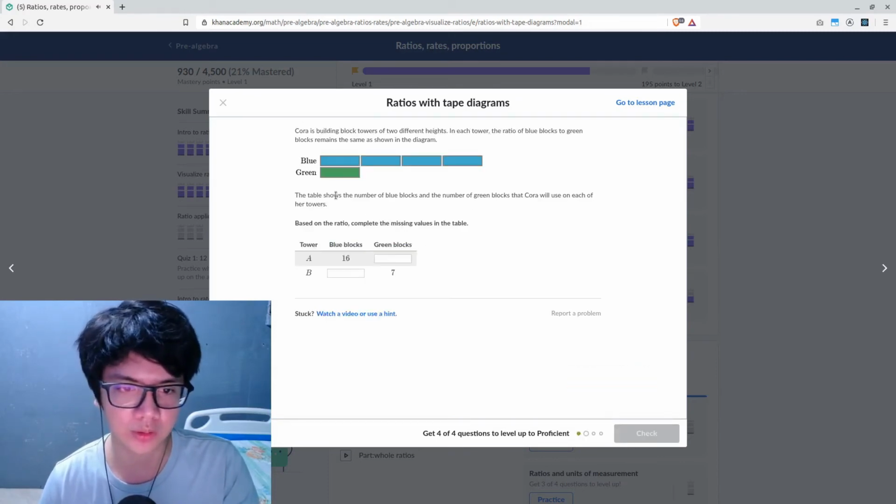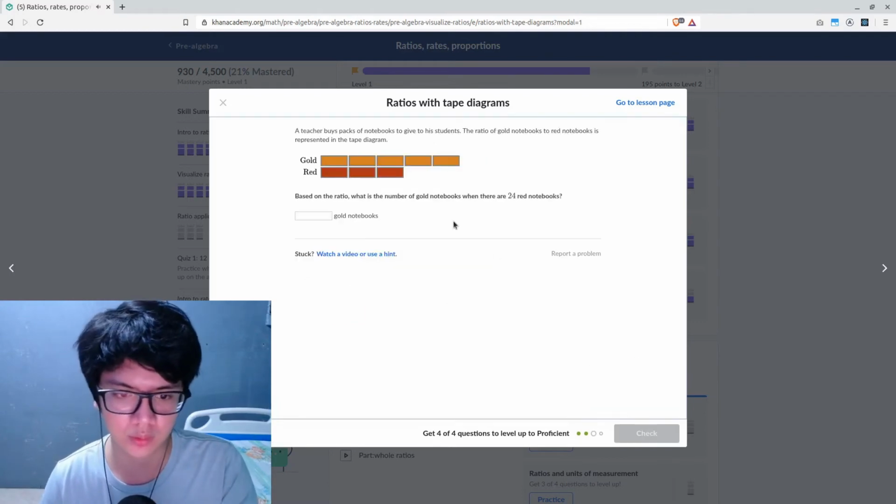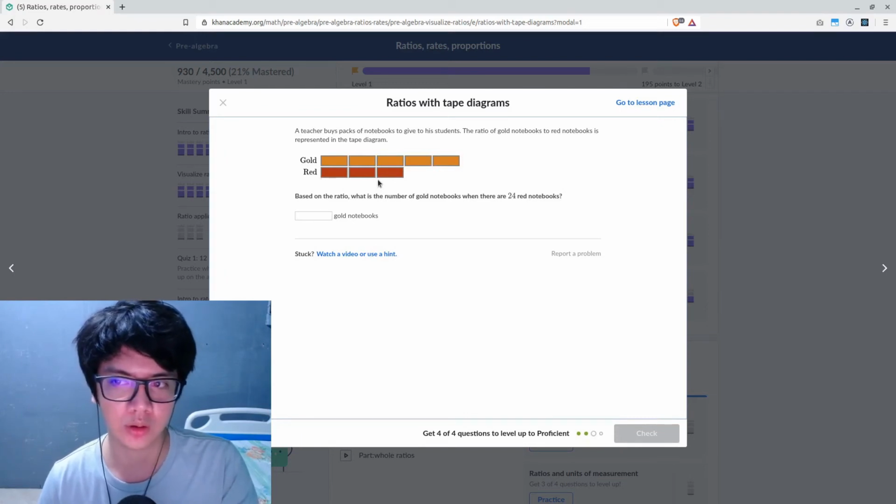4 to 1. Blue blocks. 4 to 8. 5 to 3. Red notebooks 3. Holy shit.